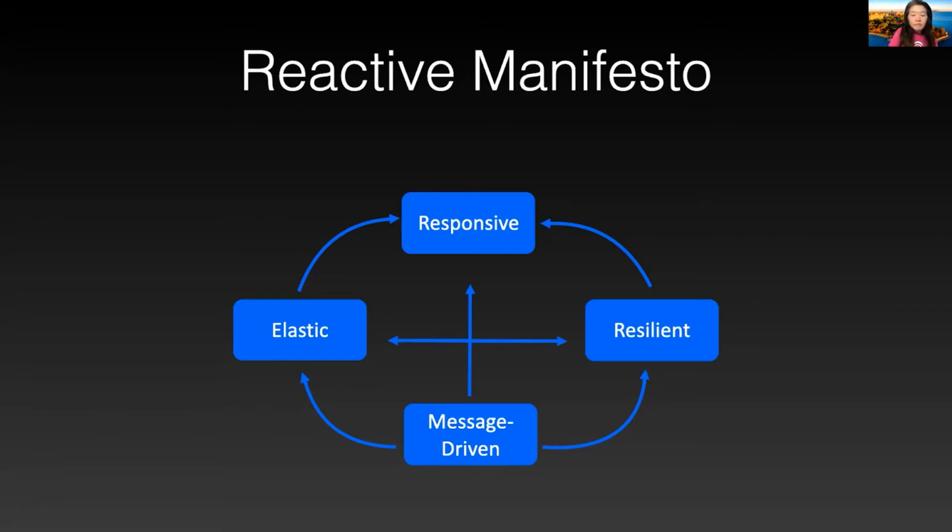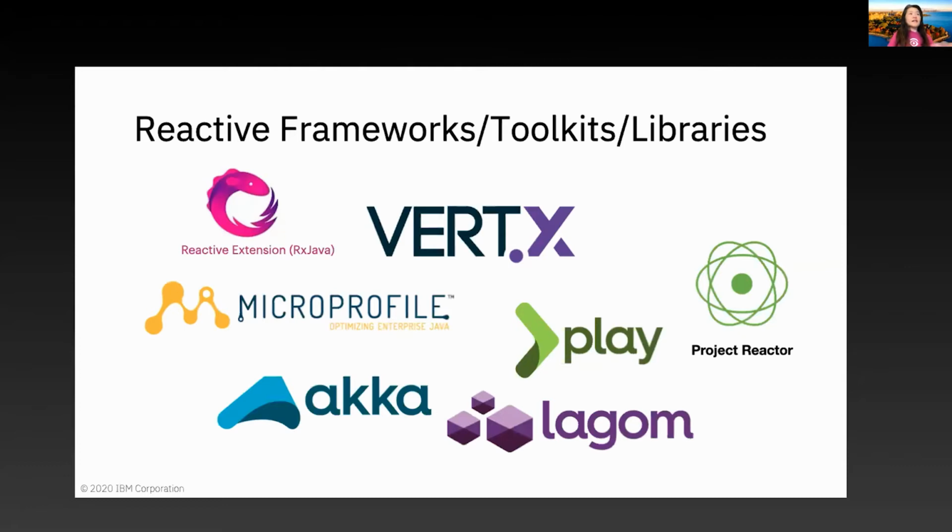Okay, so here is a quick overview to give you a broader understanding of how Vert.x fits into this larger picture. These are some of the popular reactive open source toolkits and libraries in today's ecosystem.